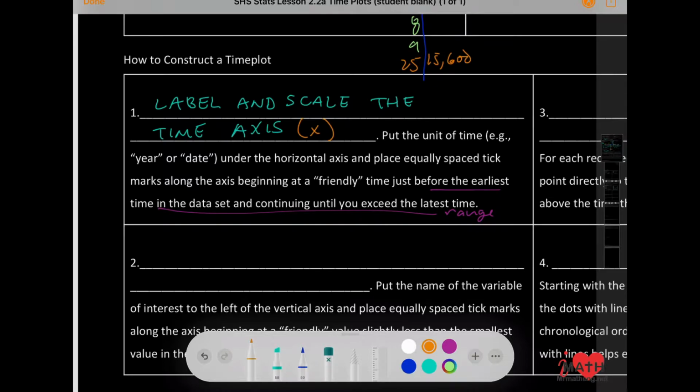Okay, what do we got next? Number 2, label and scale the variable axis, which will be the vertical or the y-axis.